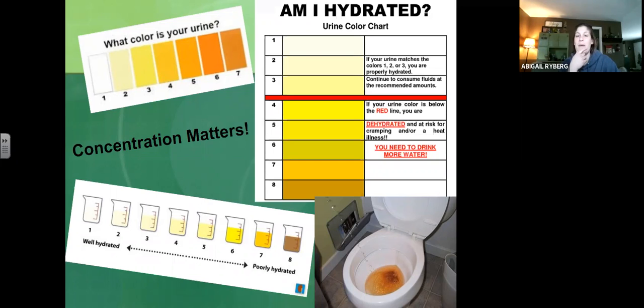And they battle frequent urinary tract infections because they're not drinking enough water to flush out the waste. And so bacteria builds up. And so literally just monitoring the color of their pee is one of the easiest ways to monitor hydration.